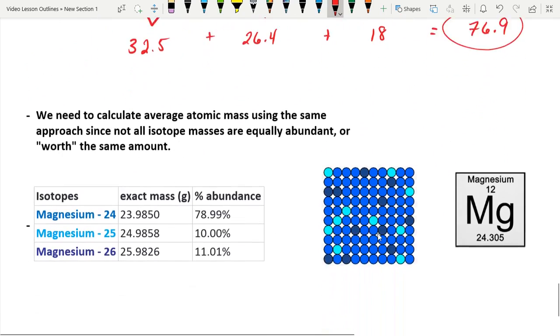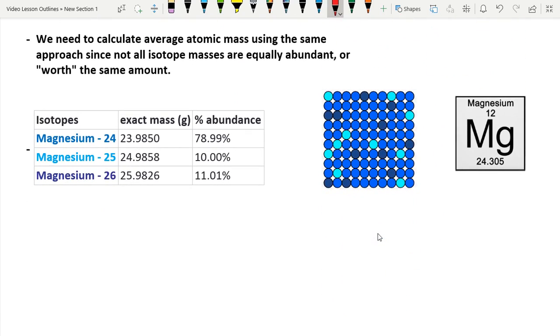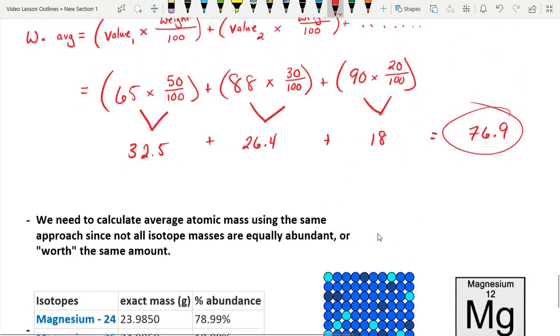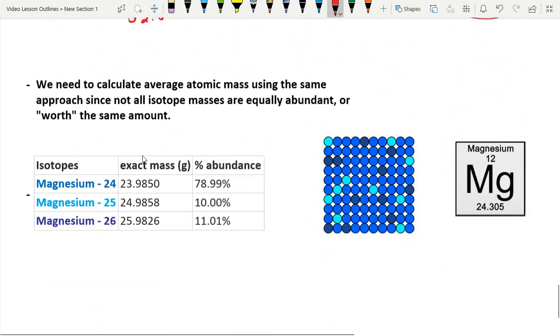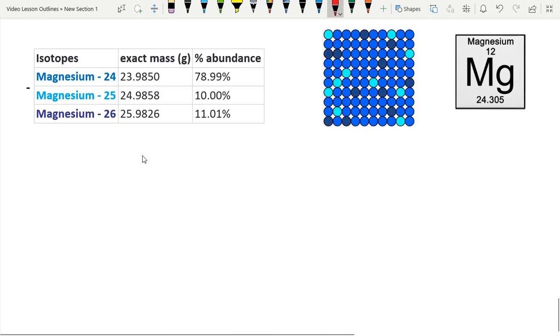We can apply the same thing to our weighted averages, except now instead of the category weights for a class, we're talking about percent abundances and commonality in isotopes. So if our goal for our weighted average is to find the average mass, then we need to take the mass values as our values in the formula.